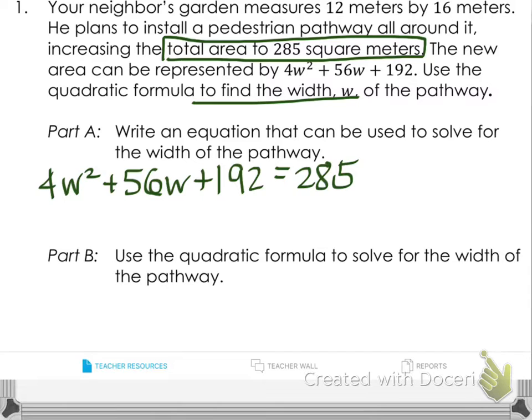We can now use the quadratic formula to solve for that w. The very first thing we would do is subtract 285 from both sides so that we can get rid of that constant and set it equal to 0. When we do that, we end up with 4w squared plus 56w.